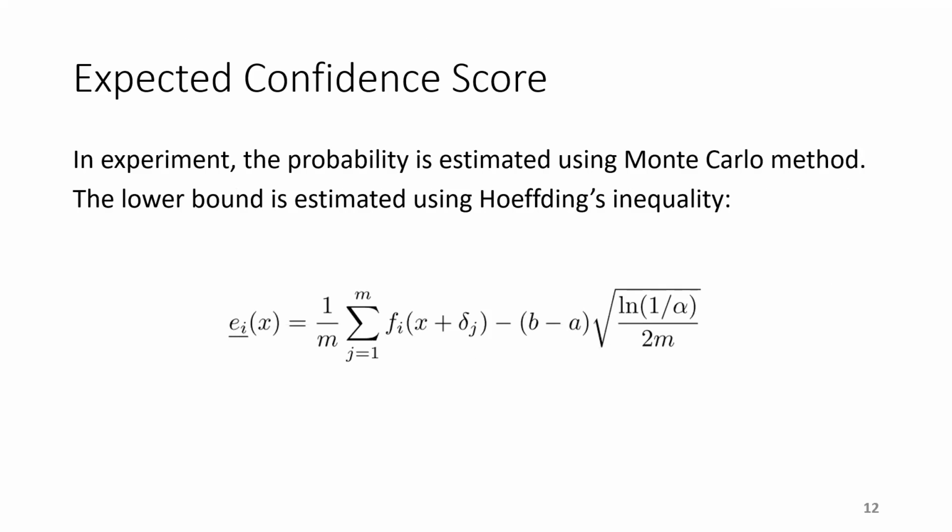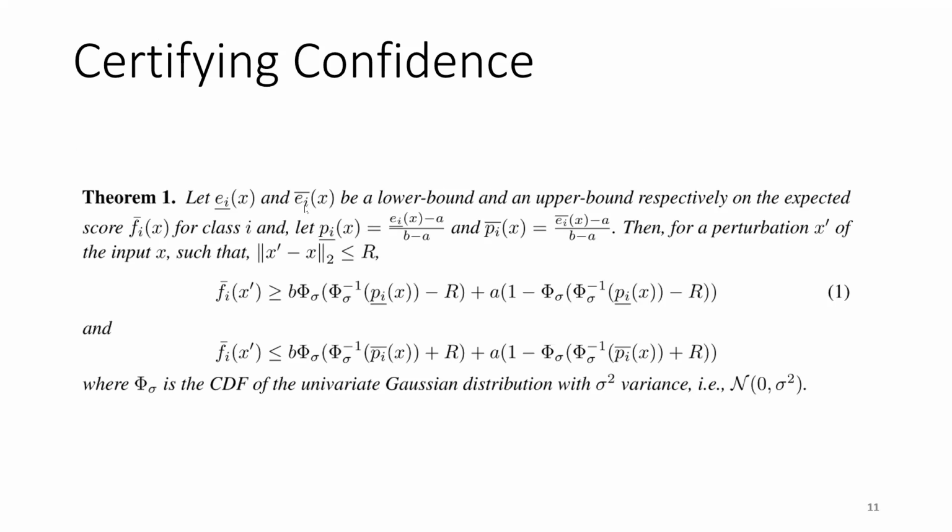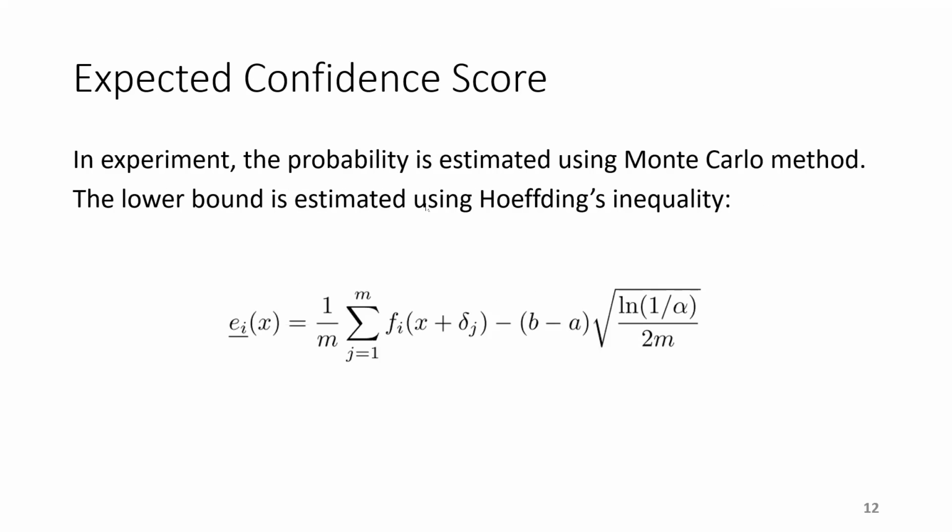And then in the experiment, the same as the randomized, this lower bound probability EI is estimated using the Monte Carlo method, and the lower bound is estimated using the Hoeffding inequality. So it is using this formula, and in this formula, M is the number of experiment times.